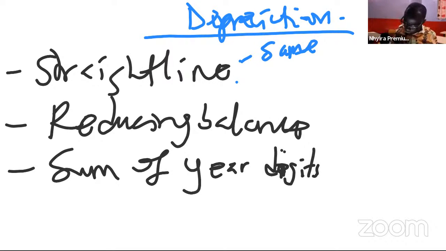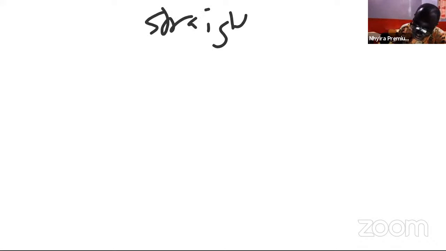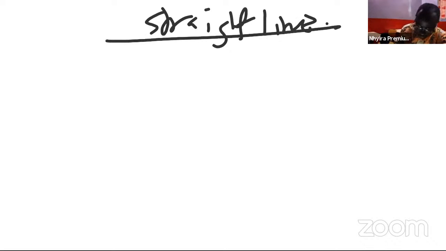So maybe let's take it one after the other so that I can write well. So straight line. With a straight line method, we are saying that it is where the asset is depreciated over its economic useful life and the same amount of depreciation is charged.